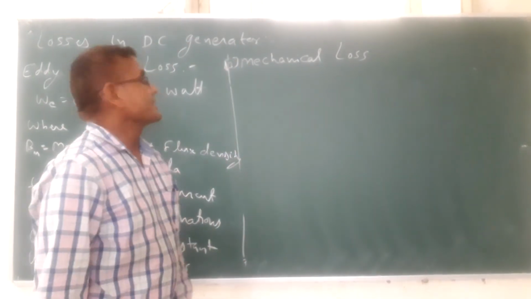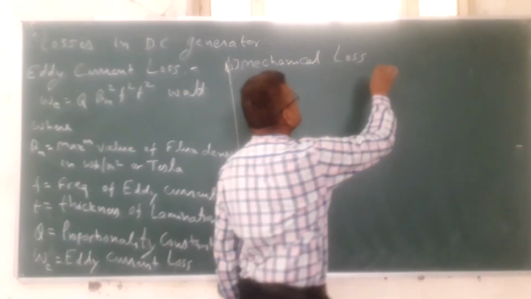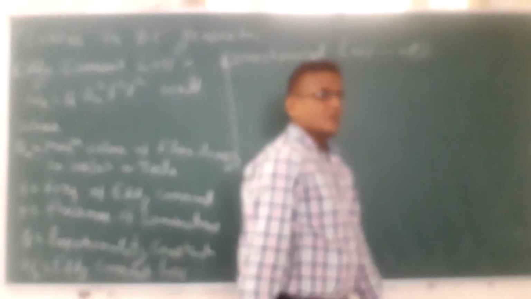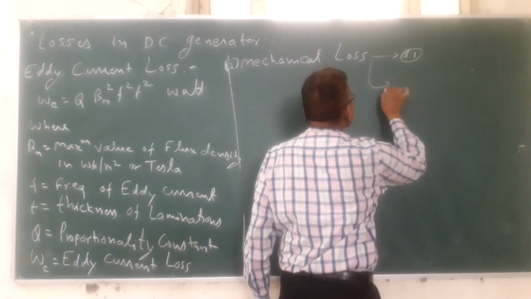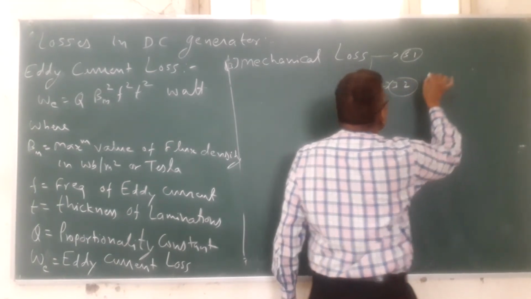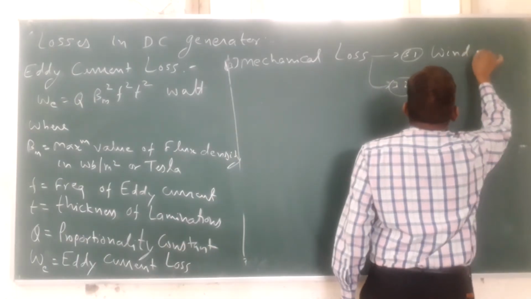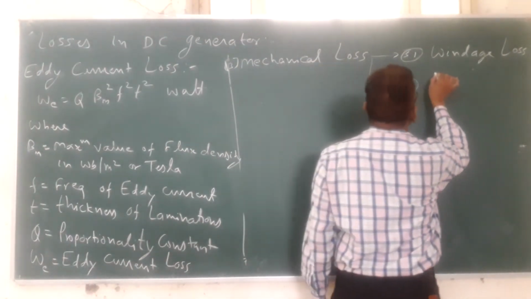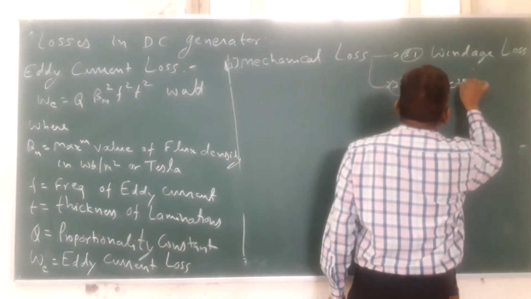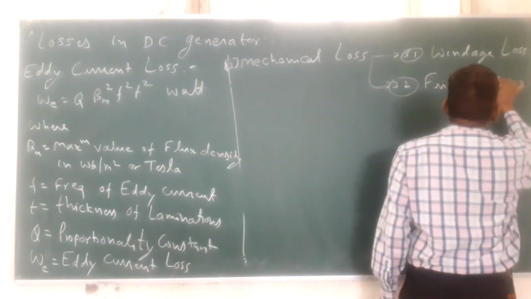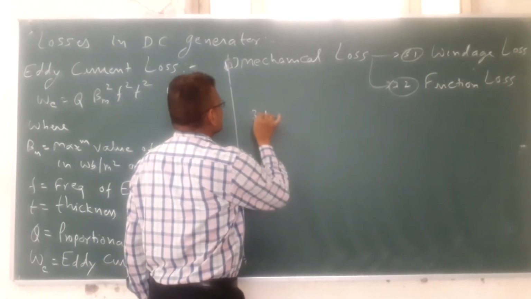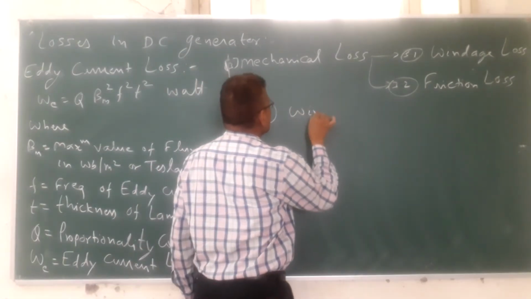In DC generator, mechanical loss consists of windage loss and friction loss. First, windage loss.